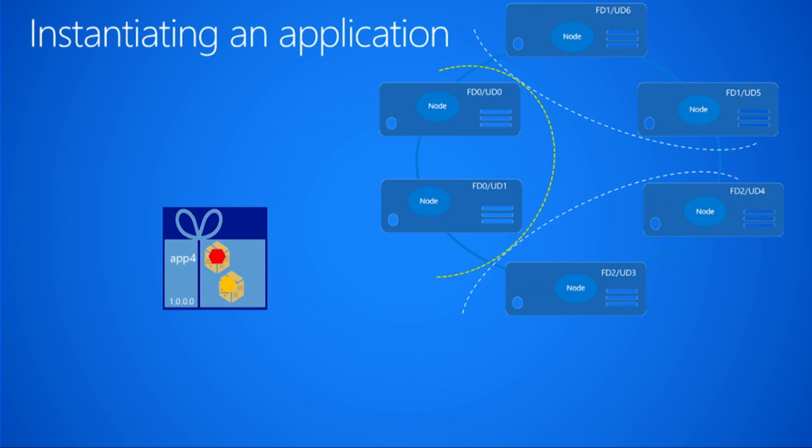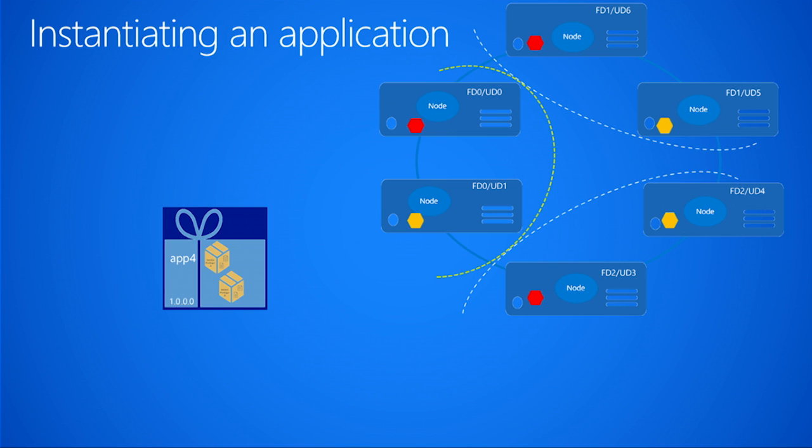So the last piece is thinking in terms of, now that I have an application defined, how do I instantiate a copy of that? For example, in this scenario there is an application 4 with service type A and then application 4 with service type B. Service Fabric, based on the topology of the cluster itself, can figure out where these replicas would be.